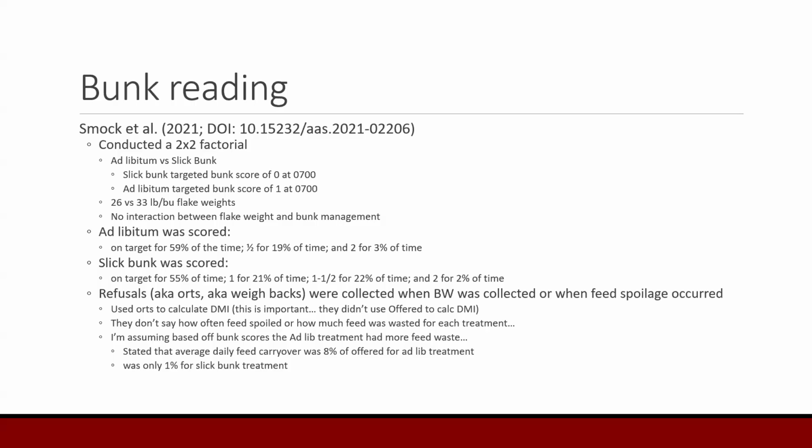So what would a more dense flake weight indicate? This is from steam flake corn. Would a 33-pound per bushel flake weight be more processed or less processed than a 26-pound per bushel flake weight?